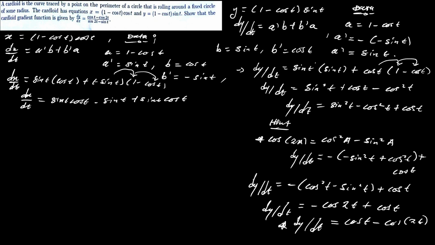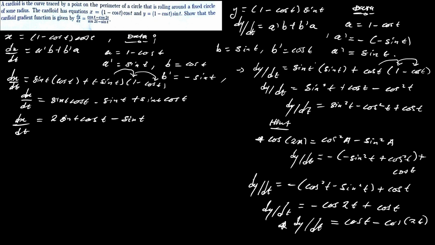Now if you look clearly, sine t cos t plus the other sine t cos t are like terms, and like terms, mathematically speaking, can be added or subtracted. So the partial derivative of x with respect to t will now just be 2 sine t cos t minus sine t.